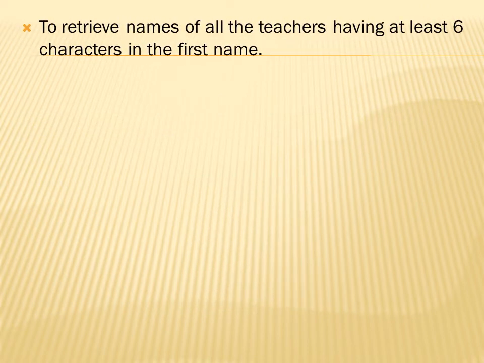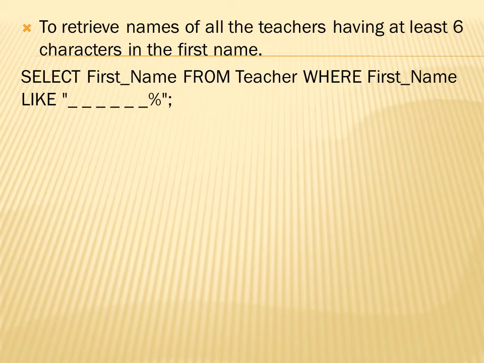Next, to retrieve the names of the teachers having at least 6 characters in their first name. At least means it can have 6 characters or more than 6 characters also. So what is the command? Select first name from teacher where first name like, now in the double quotes, how many blanks are there? 1 2 3 4 5 6 and percentage sign. Okay, so 6 spaces and then you put the percentage sign.